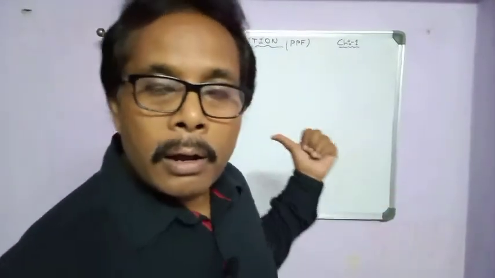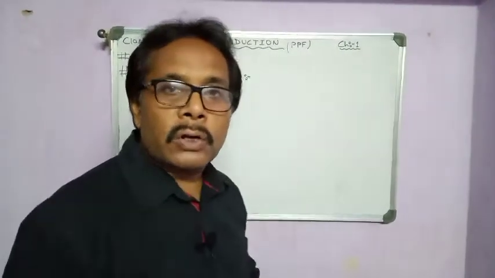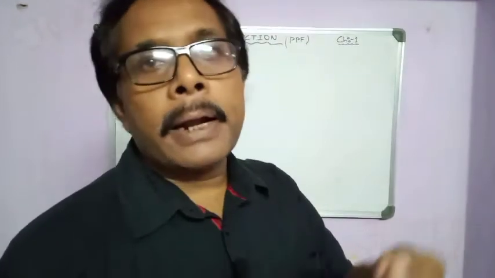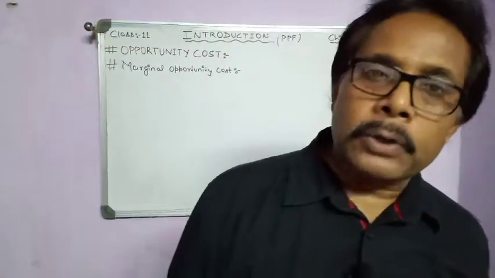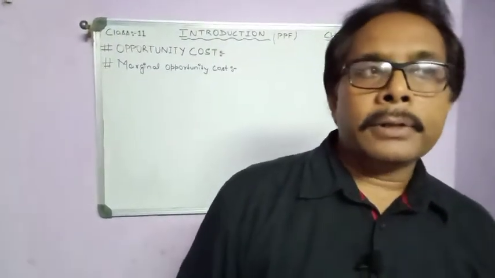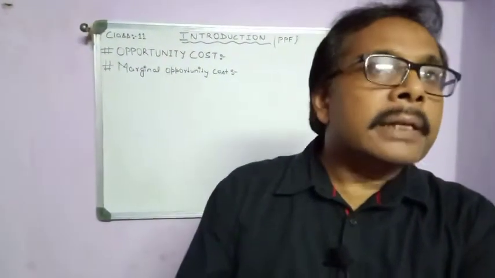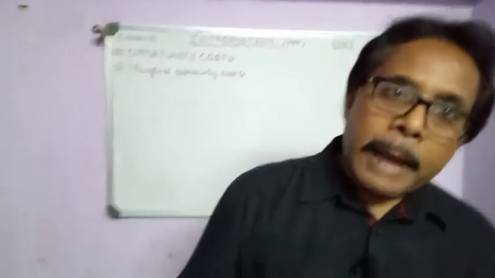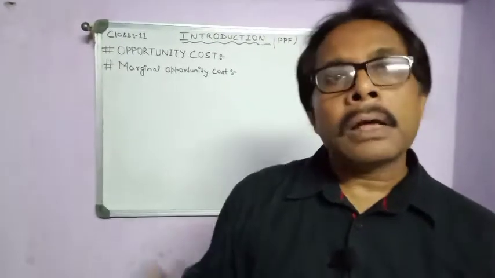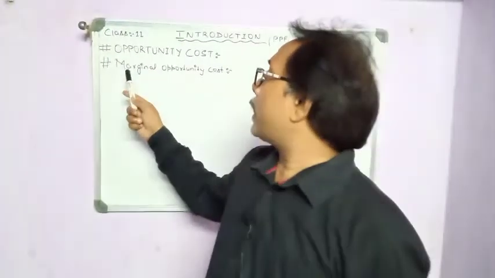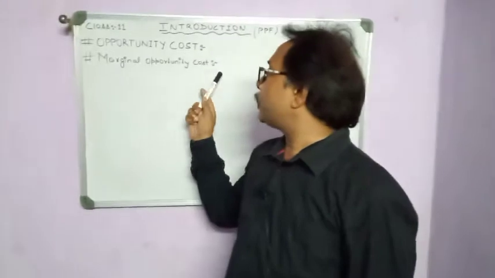So opportunity cost is the next best alternative, and the thing which is sacrificed, here the sacrificed good, will be considered the opportunity cost. Is it clear?